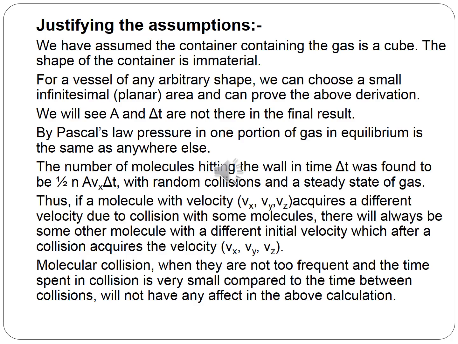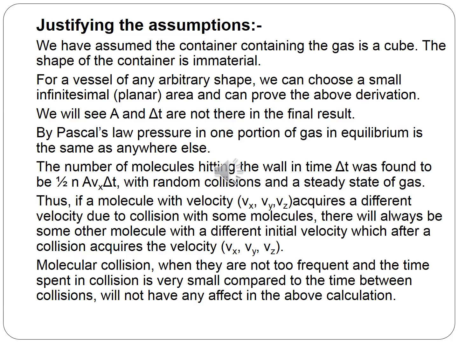According to Pascal's law of transmission of pressure, pressure in one portion of gas in equilibrium is the same as anywhere else. We have the number of molecules hitting the wall in time interval delta t equal to 1 by 2 into n into A into vx delta t, with random collisions and a steady state of the gas.